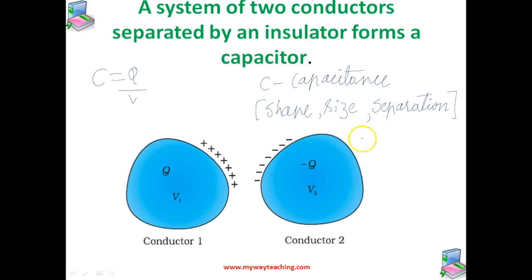And the SI unit of capacitance is the farad. 1 farad is equal to 1 coulomb per volt. A capacitor with fixed capacitance is symbolically represented like this. A capacitor with variable capacitance is represented like this.